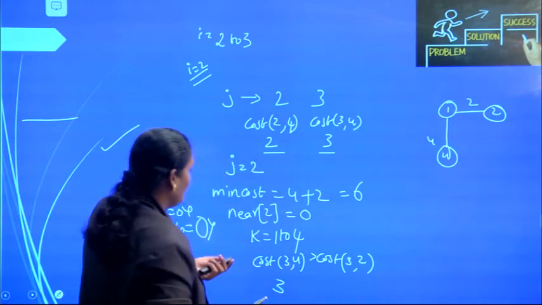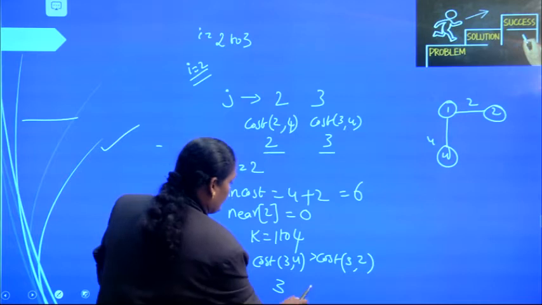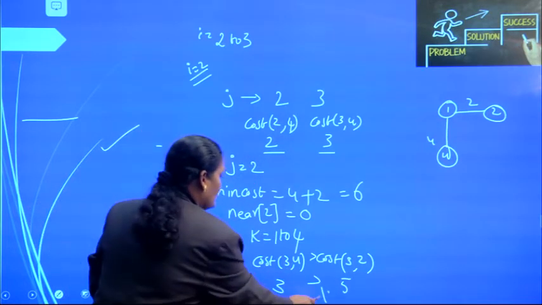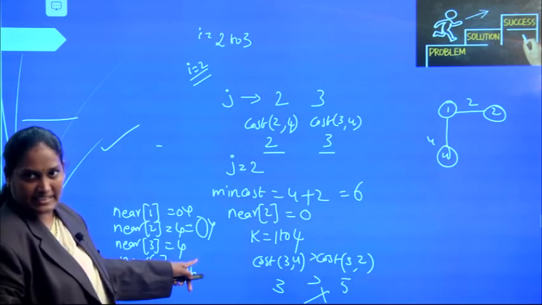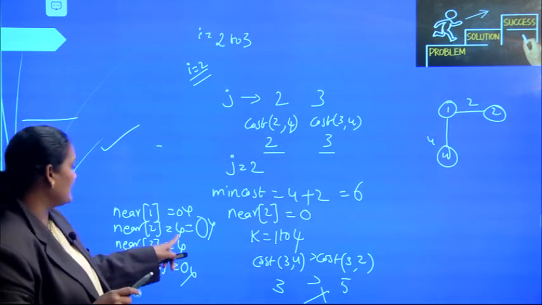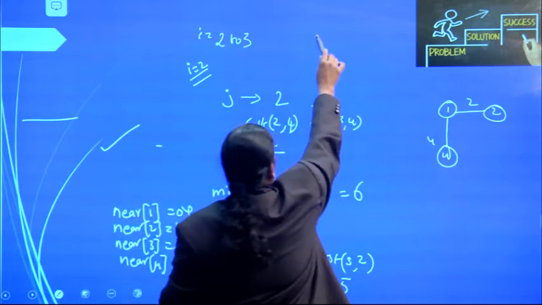And cost of 3, 2 is 5. Is 3 greater than 5? The condition is wrong, and a wrong condition means the near value cannot be updated. The near value remains as it is, so near of 3 is 4. Now I is equal to 2 is completed.